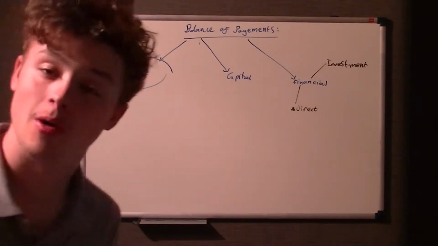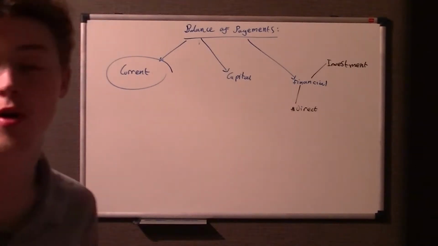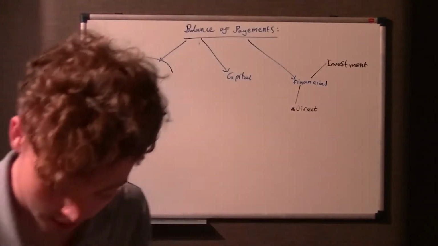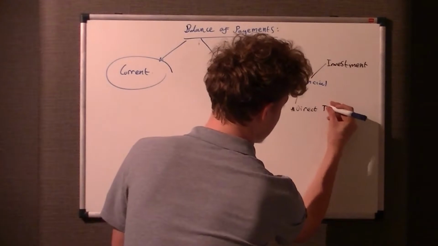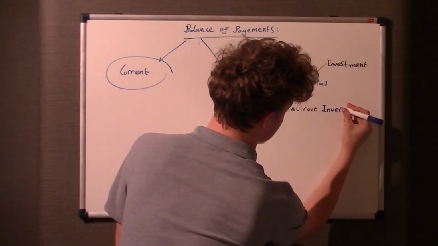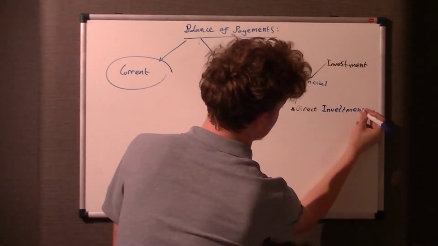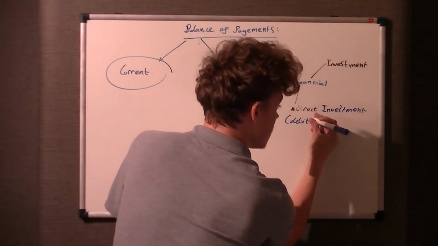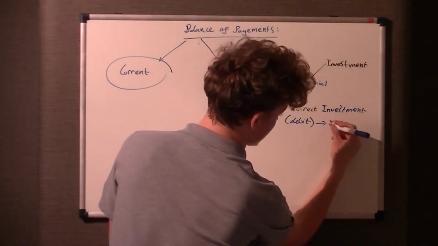So basically it's the outflow of money in terms of investment to a foreign country. Now if the money's flowing out, that's a debit to the UK. So direct investment, I just put in brackets, is a debit as the outflow of money from the UK, and it's investing abroad basically.